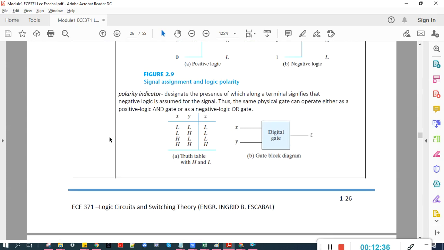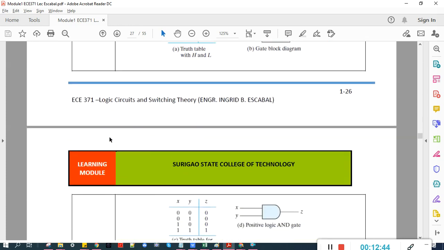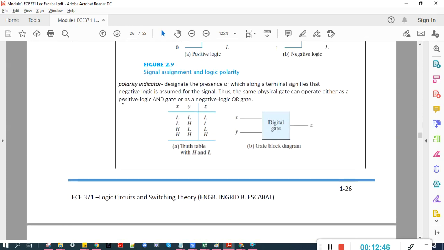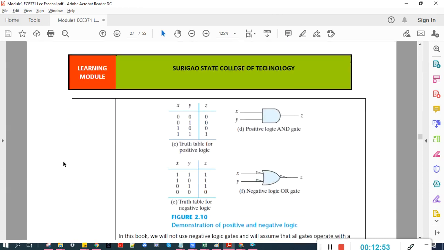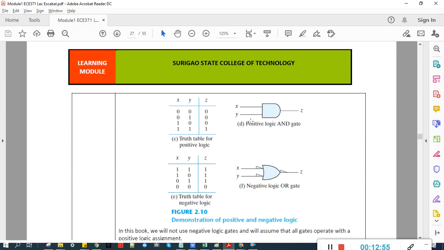It only associates the positive logic with the negative, so I just made a comparison. And the basis is the positive logic AND gate. With positive logic and with an AND gate, we just follow the truth table of the AND gate. So it is high if both of the inputs are high.